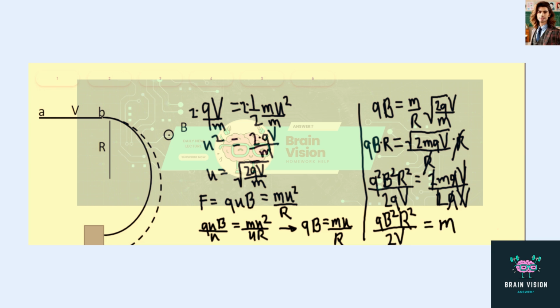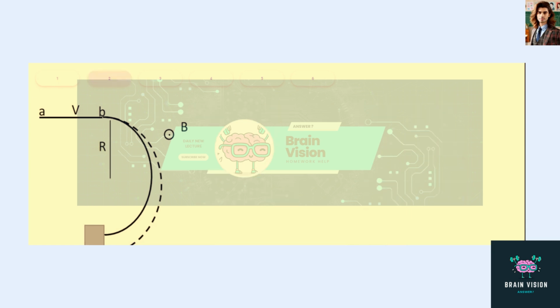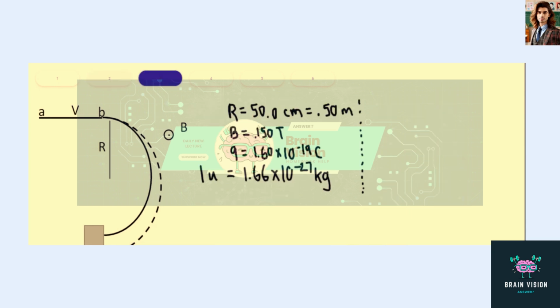So now we move on to the next part of the problem. We know that the radius is 50 centimeters, which is really just 0.5 meters. 50 centimeters is half a meter. We know the magnetic field is 0.15 Tesla, and the charge is the usual value of 1.6 times 10 to the minus 19 coulomb.